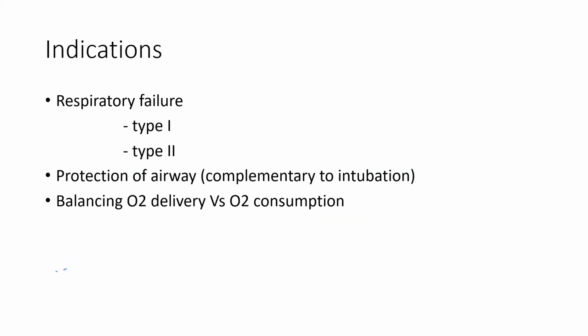Indications of mechanical ventilation are obvious. At least the first two categories are obvious to you, which is respiratory failure, whether type 1, like in pneumonia, cardiogenic pulmonary edema, and anything like you've just heard in the ABG lecture from Dr. Goltakin, or type 2, like COPD exacerbation, acute severe asthma, Guillain-Barré, and these kinds of pathologies. Another category of indications is protection of airway.